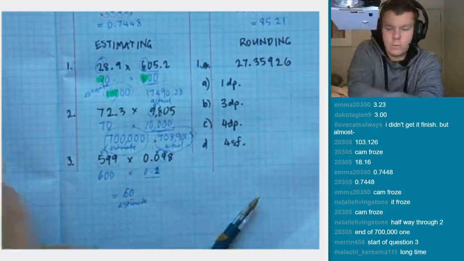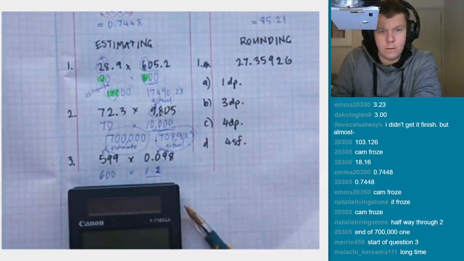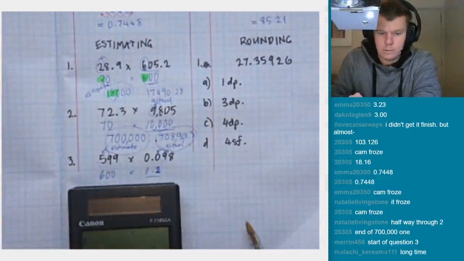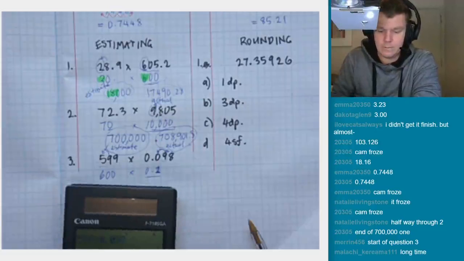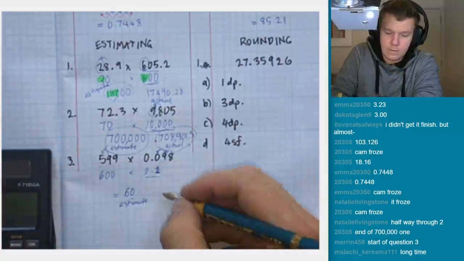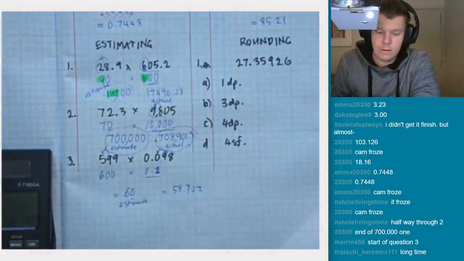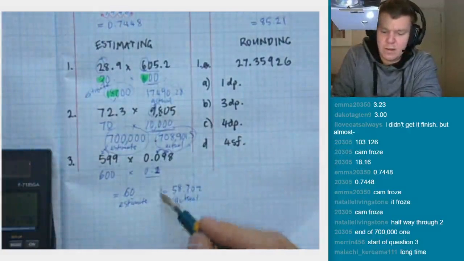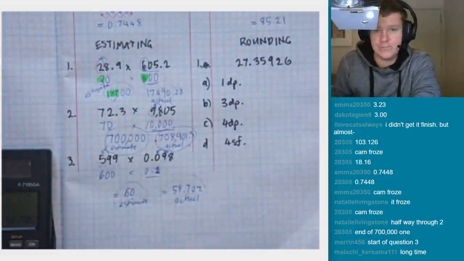And our actual answer will be 599 times 0.098. So 58.702, that's our actual answer. But you can see that these numbers again are relatively similar in magnitude.